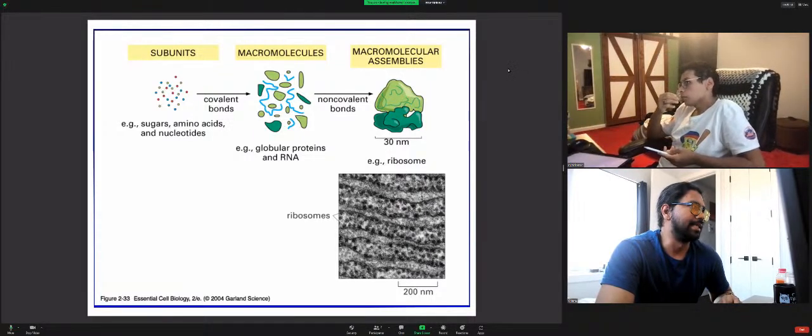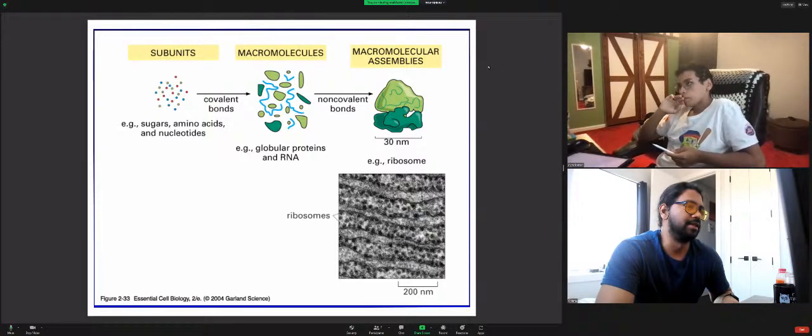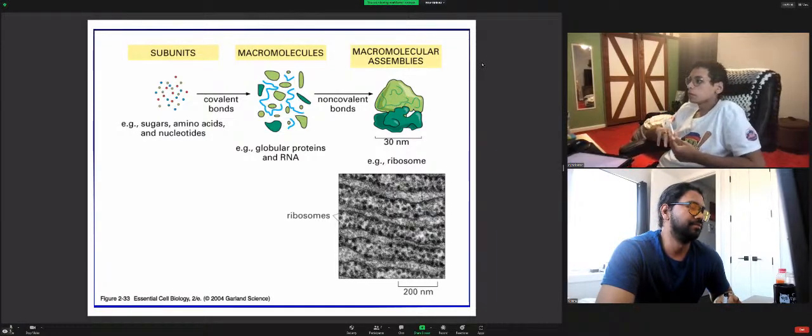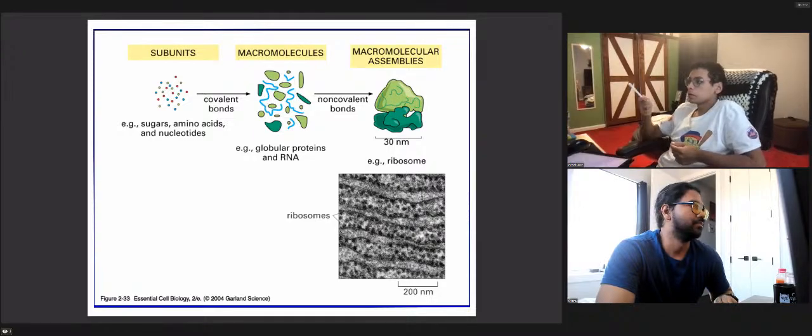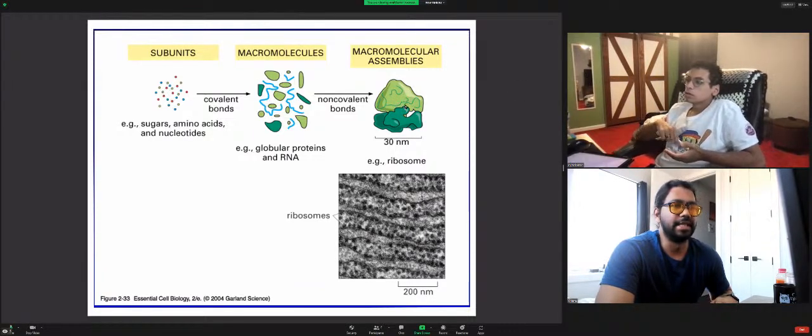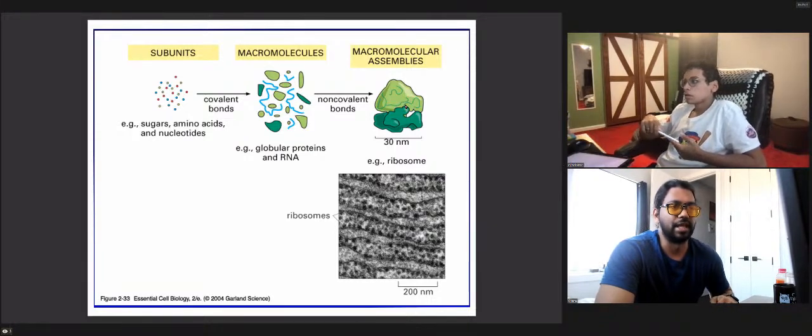So here's just an example. Subunits make the macromolecules, which then turn into larger things. Covalent bonds. Subunits are joined by covalent bonds, and macromolecules are held by non-covalent bonds. Proteins and things like that are held by intermolecular forces after that point.